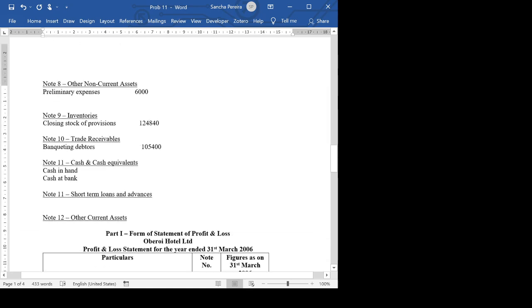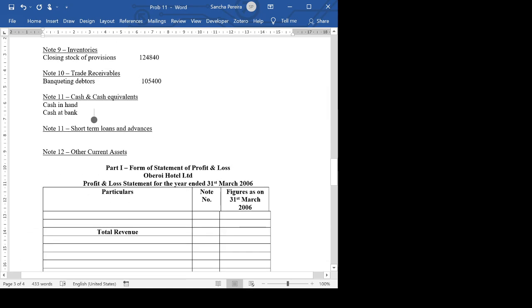Cash at bank is 96,860 and cash in hand is 19,530.